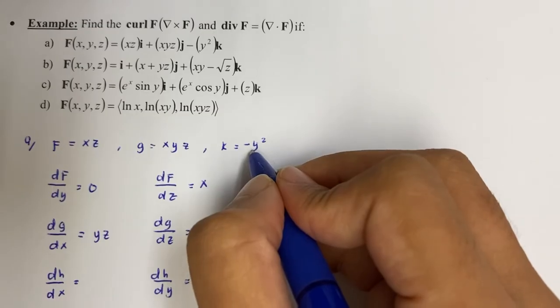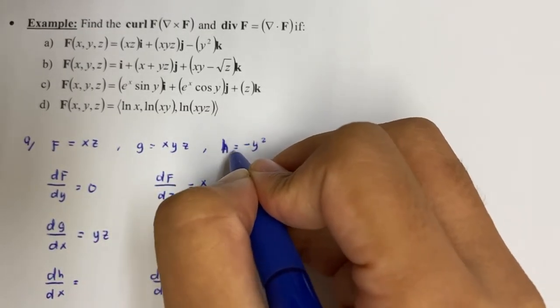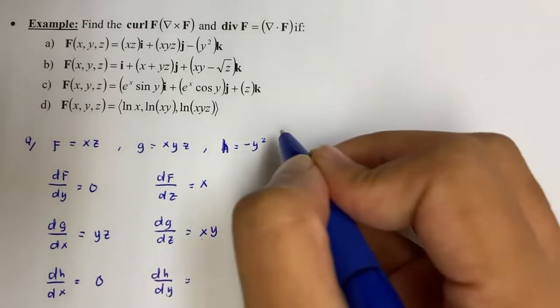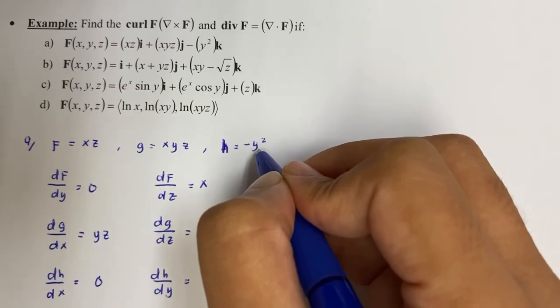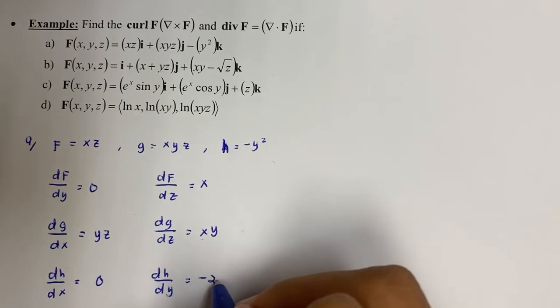And for h, dh/dx is equal to 0 and dh/dy is equal to minus 2y.